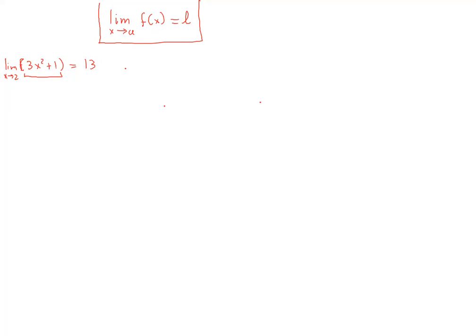Even conceptually, you might argue, well, how much close to 13 should my outputs be before I get convinced that the limit is actually 13? And that question might have different answers for different people. Some people might be convinced by getting 12 and 10 nines, or 13 and 10 zeros.